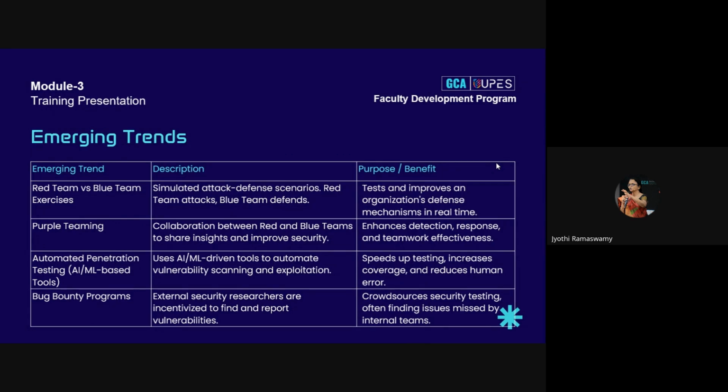Suppose the red team could exploit. The blue team's responsibility is to see how quickly it can respond and remediate. So if the red team is trying to create a phishing email, for example, right, and send it to all the people, and some people click that phishing link without proper diligence, and it goes to a phishing website, right?